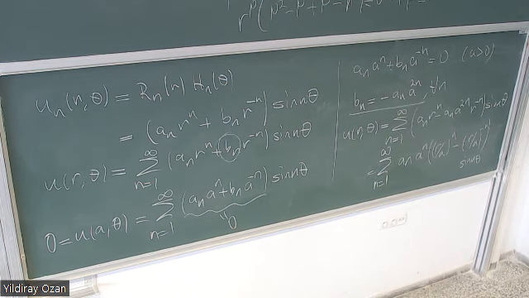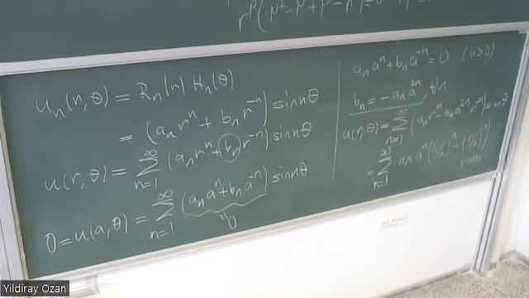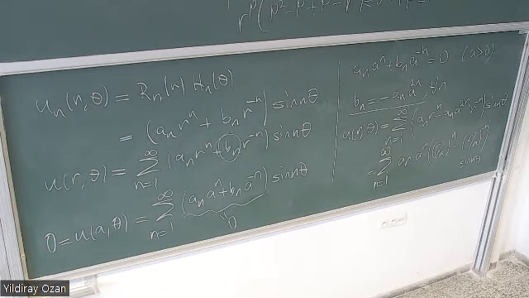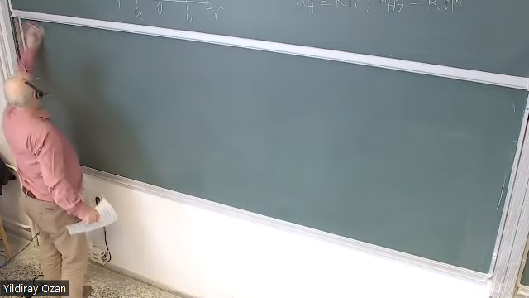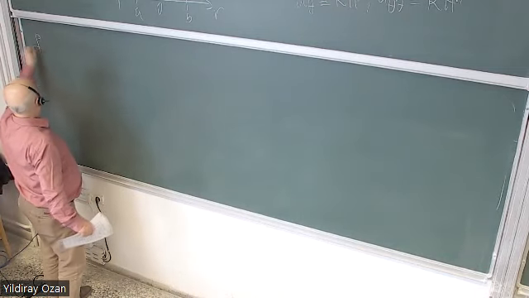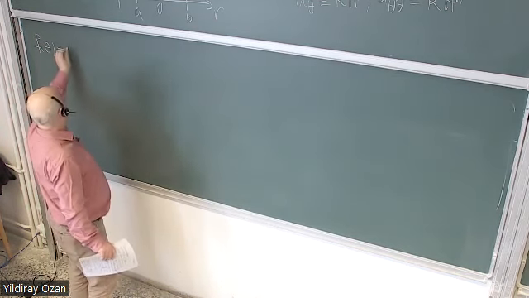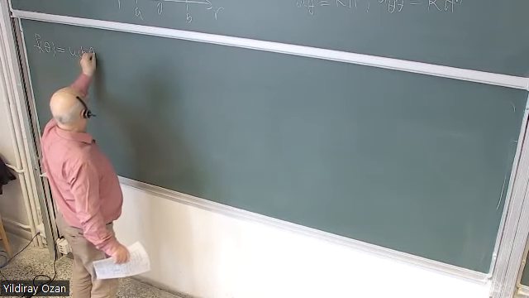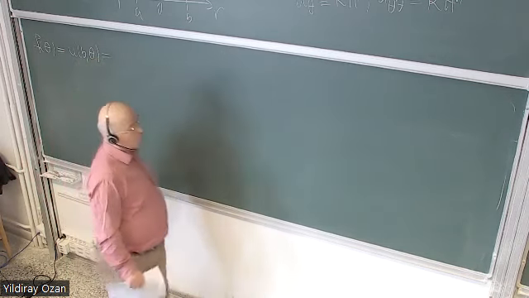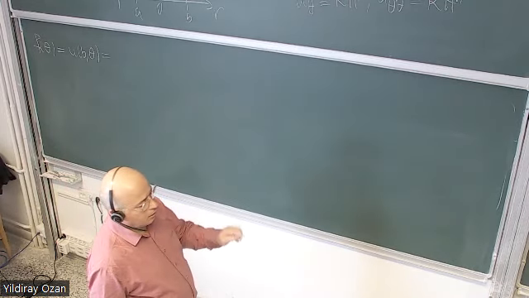So let me erase this part. Okay. Now to compute the coefficient an, I use the last boundary condition. F of theta is u b theta. Well, so for r, I write b.